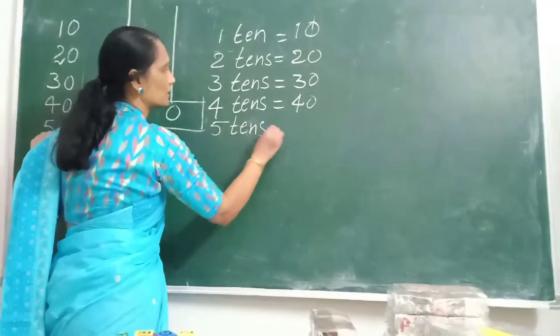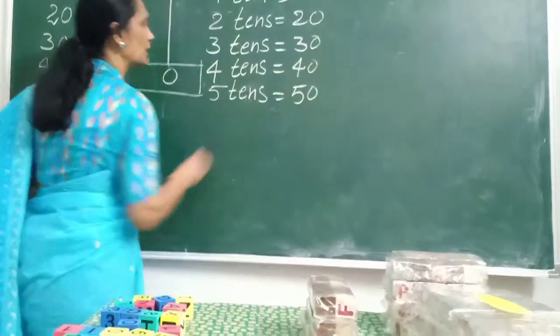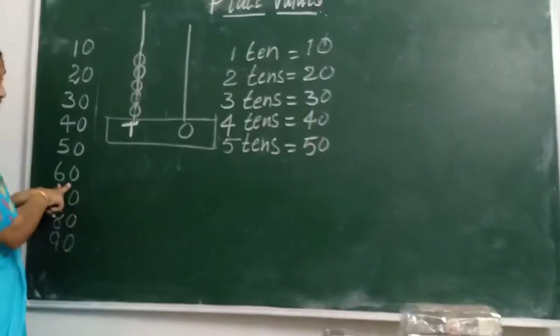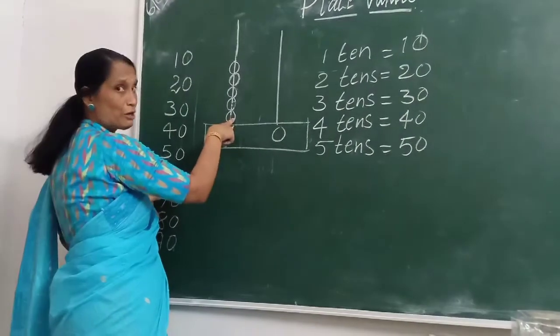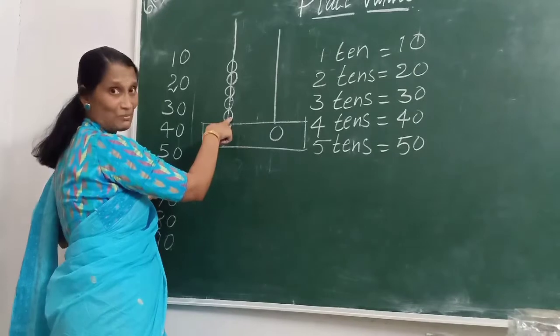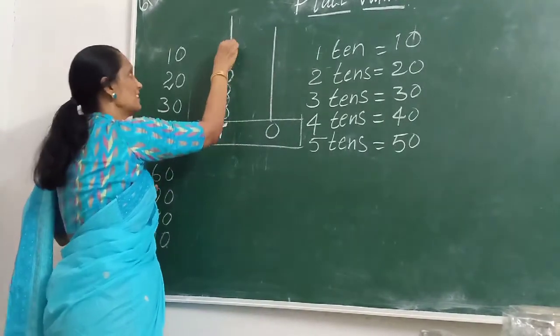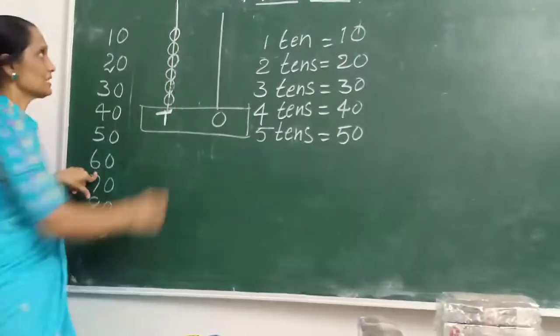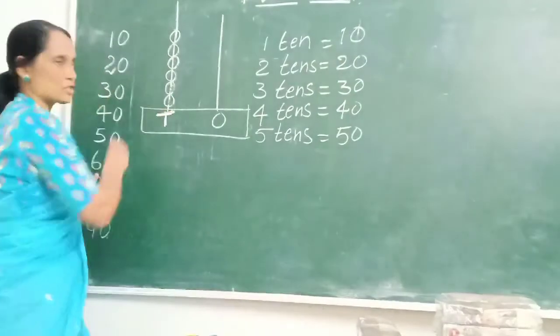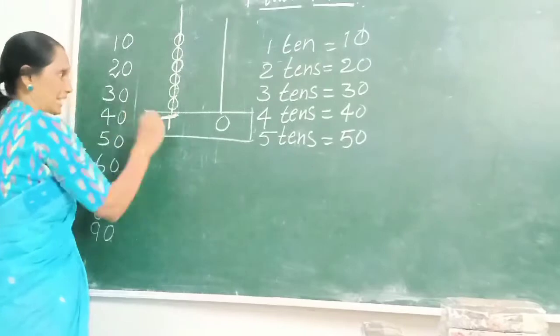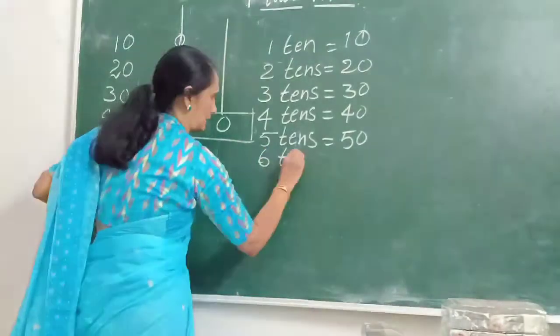Okay, 5 tens equal to 50. Next, if you want to represent 60, how many beads we want to put for 60? Tell me. 60, how many beads? 1, 2, 3, 4, 5. Yes, 6 beads in tens. So 6 tens.